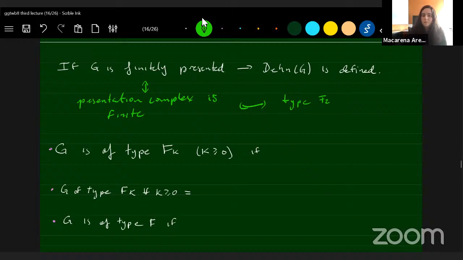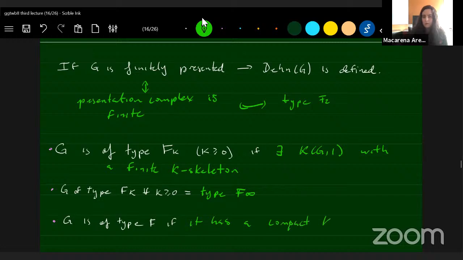A group is of type Fk if there is a classifying space for the group that has a finite K skeleton. We say that a group is of type F infinity if it is of type Fk for all Ks. And we say that a group is of type F if it has a compact classifying space.